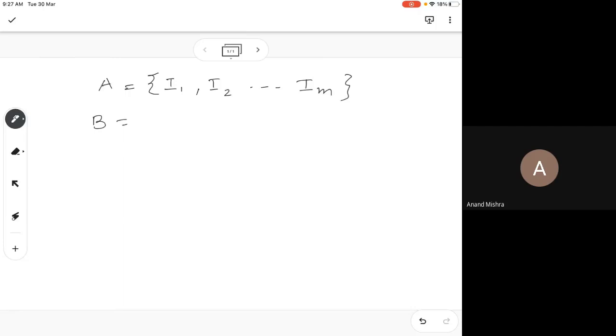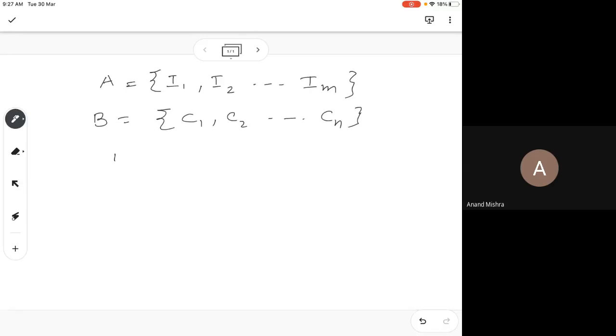B is the set of courses, C1, C2, up to Cn. So there are n courses in IIT Jodhpur and m instructors. If we connect an element of A and B by the relationship of an instructor teaching a course, you will connect them when the instructor is teaching the course. If they are not teaching, you will not connect.